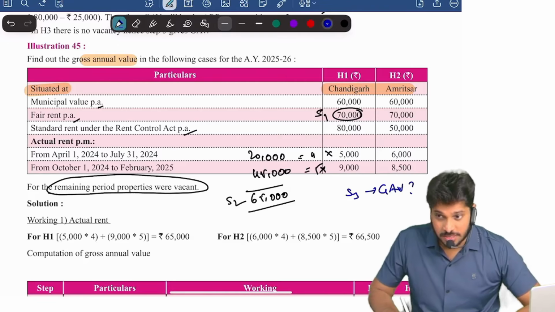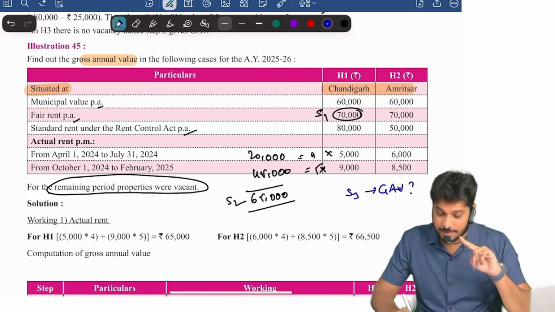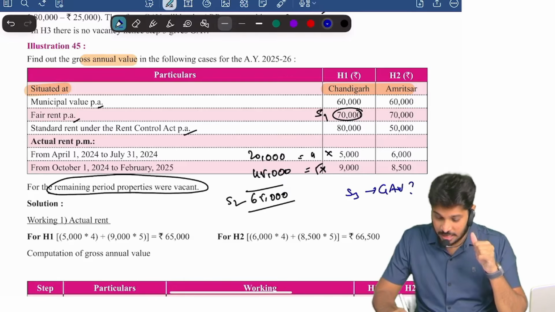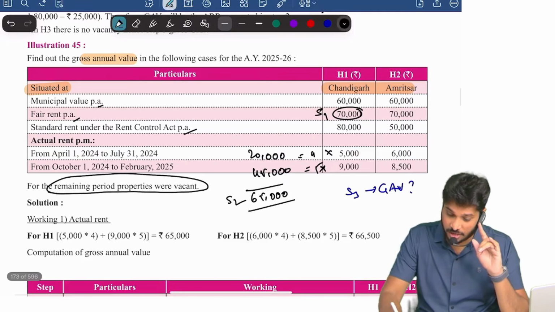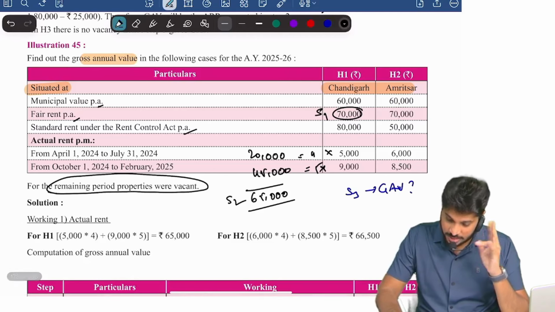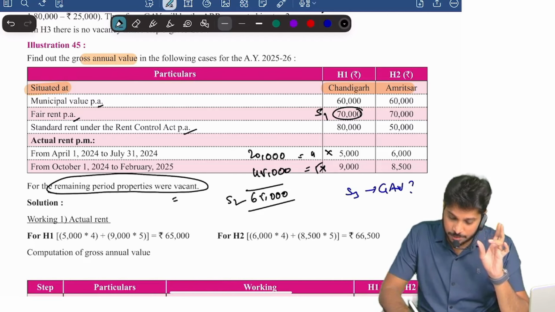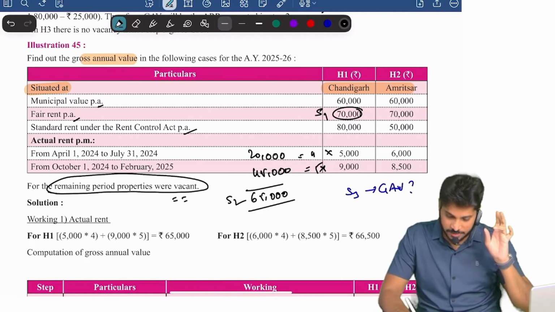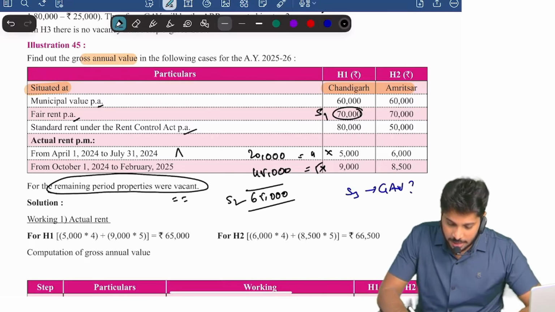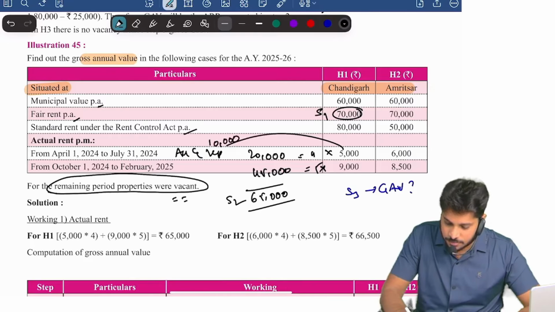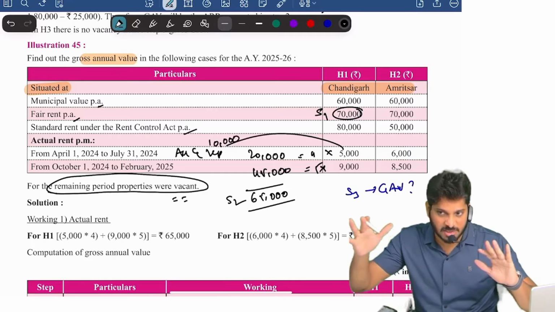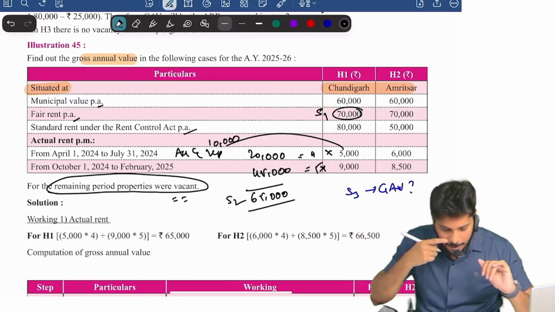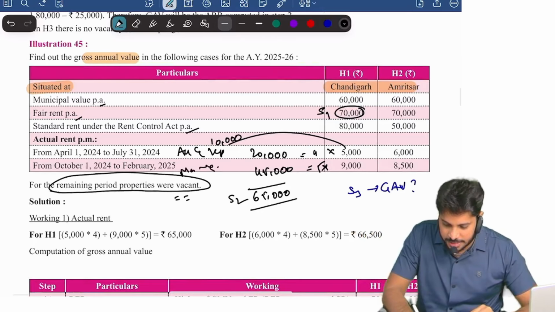Now first we have to see case 1. Is step 2 lower than step 1? Yes. Is there a vacancy? Yes. If at all there is no vacancy, she would have received. Property was vacant, right? So probably August and September she would have received some 10,000. I am assuming up to September 5,000 per month rent. Then March month rent is 9,000.